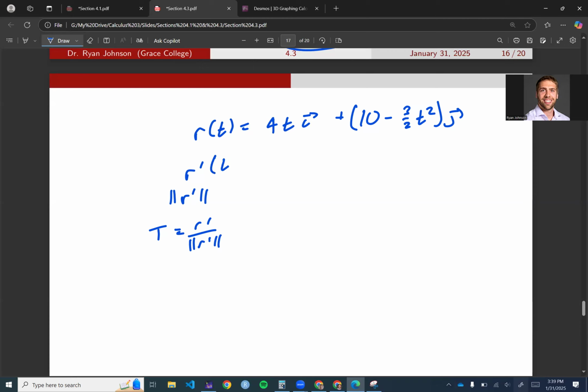So r(t) is 4 and r prime of t is 4i minus 3t j, which means that our speed is the square root of 16 plus 9t squared.